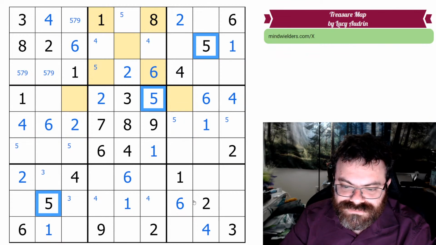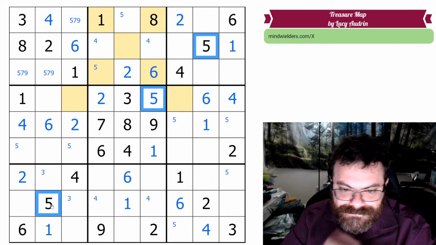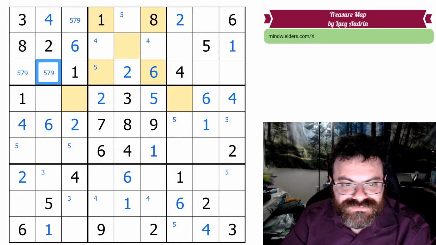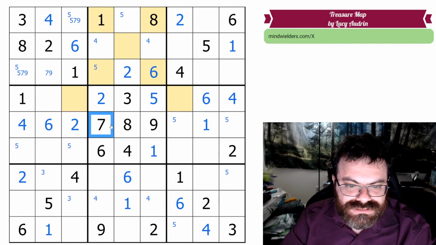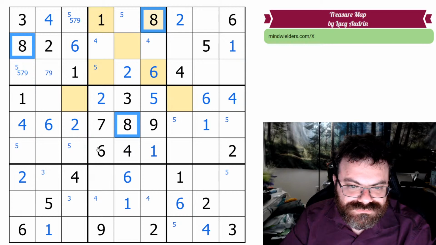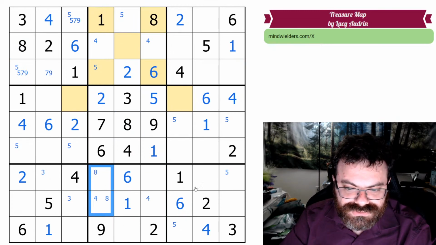I don't know if I finished looking at 5s. 5 is in one of these two. Ah, this can't be 5. It's in one of these two. 8's seat down here, so it's one of these two.